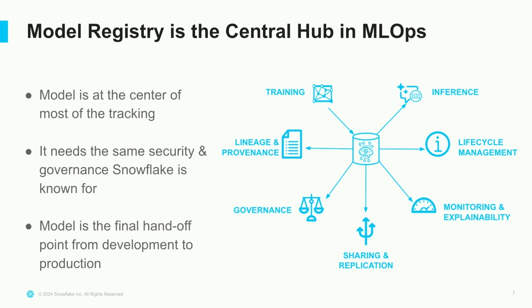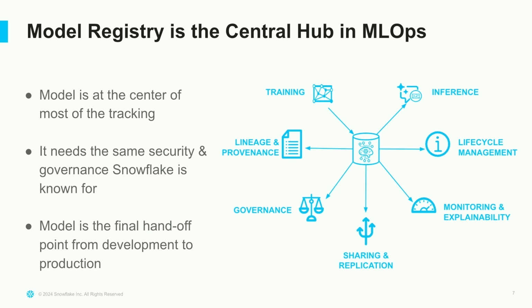A lot goes into MLOps. And if you look at the subsequent steps, most of the things pivot around a model. So you first did training and you produced a model, but then the journey becomes even harder to track end-to-end in your production. It starts from inference, but then you do lifecycle management, lineage, governance, sharing, or monitoring, right? So the model registry, or model, is the central piece.